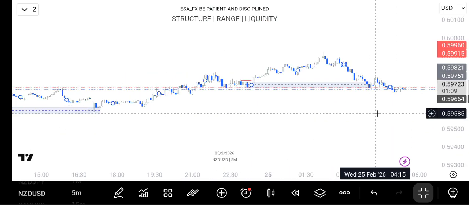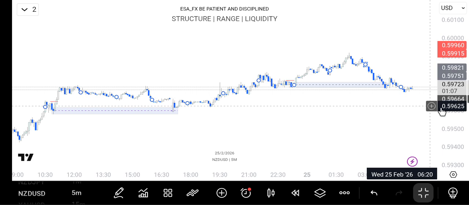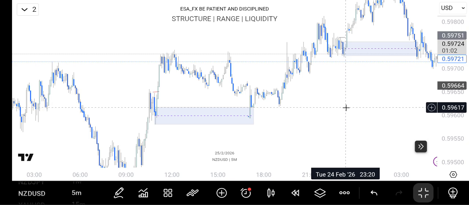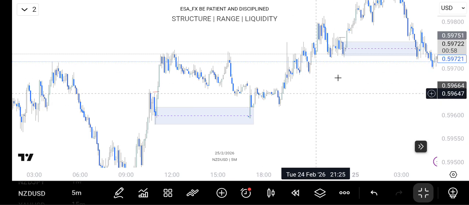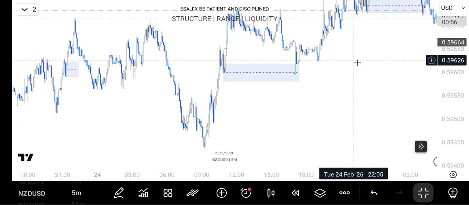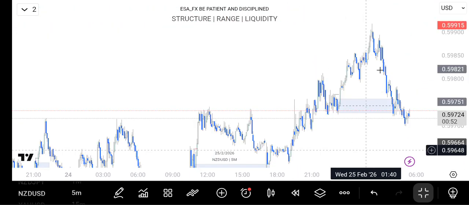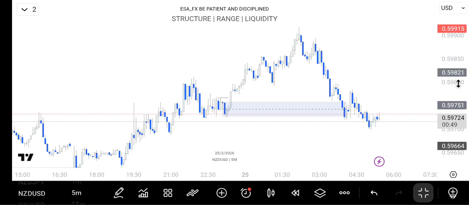So basically we've marked out a couple of order blocks, and with this video I bet you could identify an order block. We'll be marking both bearish and bullish order blocks. Let's see a bearish order block.